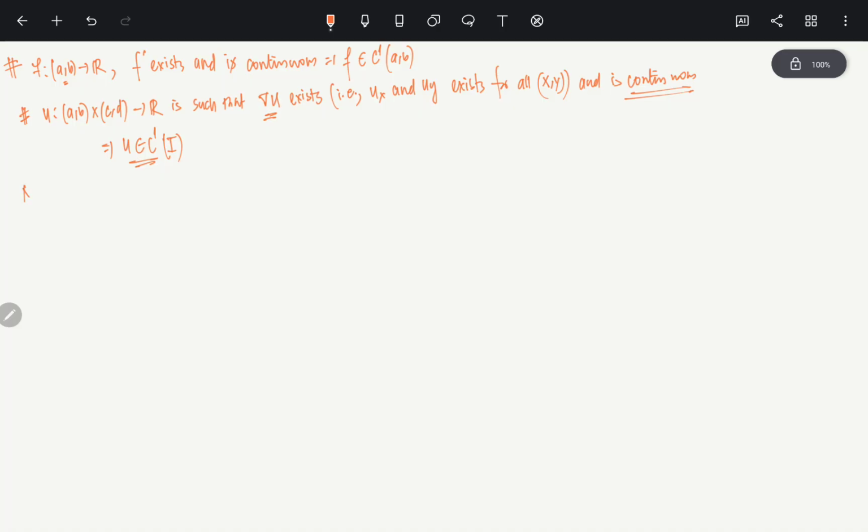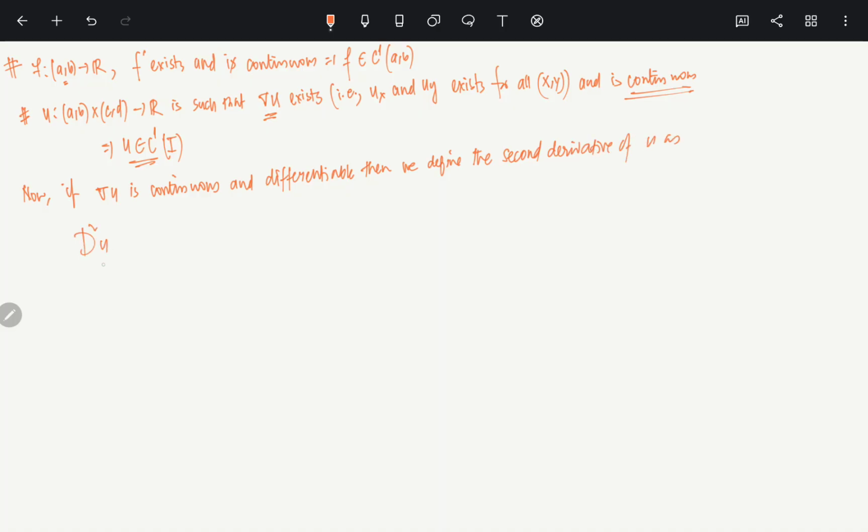Now if the gradient of u is continuous, and not only continuous but also differentiable, then we define the second derivative of u. In this case we call it the second derivative of u, and write it as d2u.